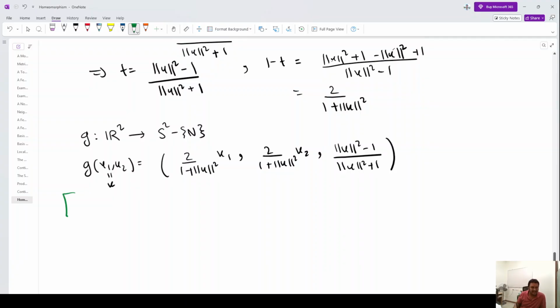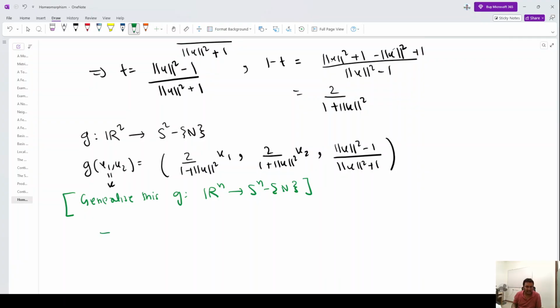Again an exercise: generalize this from your G to some Rn to Sn minus the north pole. And this is a continuous function. So you see what we have shown?